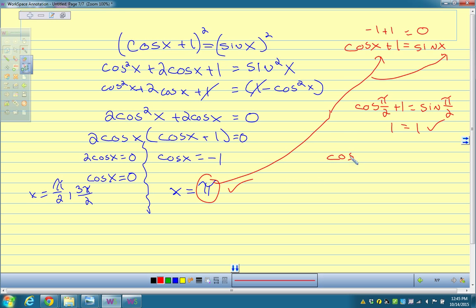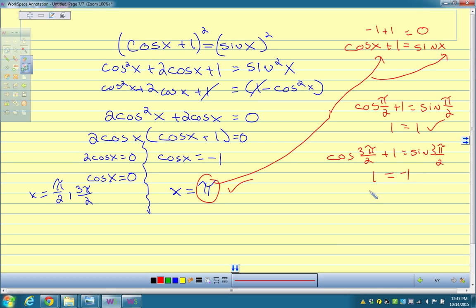Cosine of 3 pi over 2 plus 1 equals sine of 3 pi over 2. Is that true? No, because cosine of 3 pi over 2 is 0, and 0 plus 1 makes 1. What's the sine of 3 pi over 2? -1.